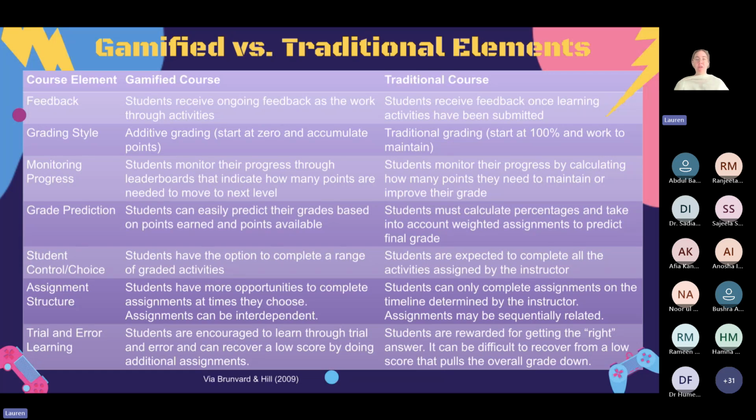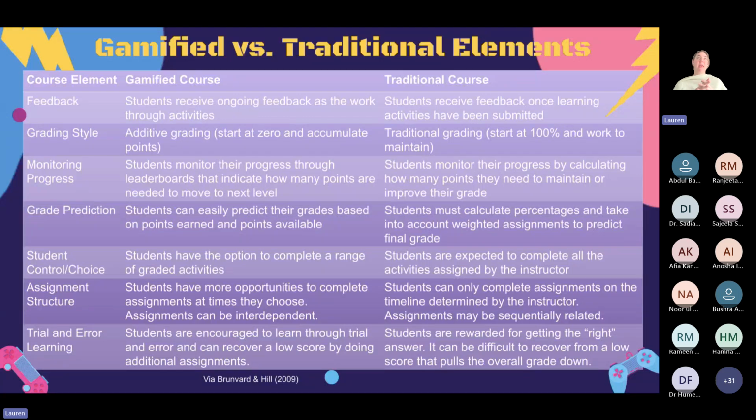In a gamified course, students receive ongoing feedback as they work through activities. So they work through an activity, and while they're working through it, they're continuously receiving feedback, right? Whether they're doing well or not well. This is like a game. If you can imagine, maybe, I don't know what kinds of games you all play. Maybe you play many different kinds of games.